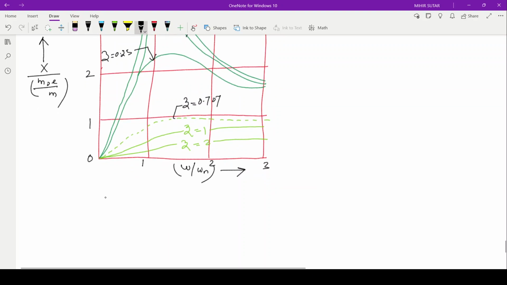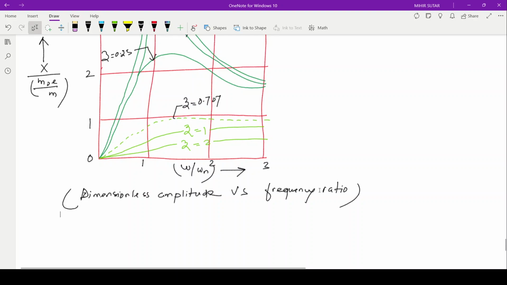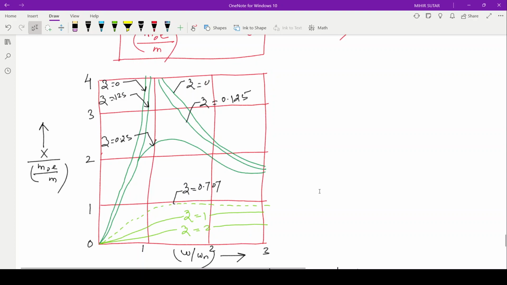So this plot is basically dimensionless amplitude versus your frequency ratio. So have you completed this graph? Completed.